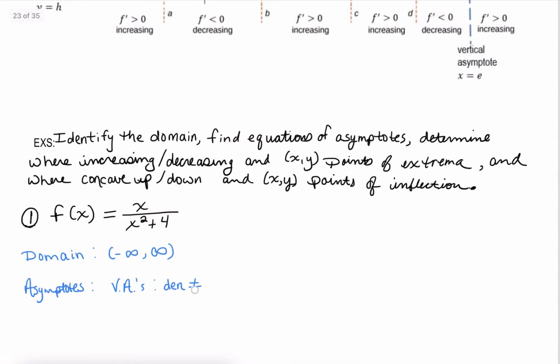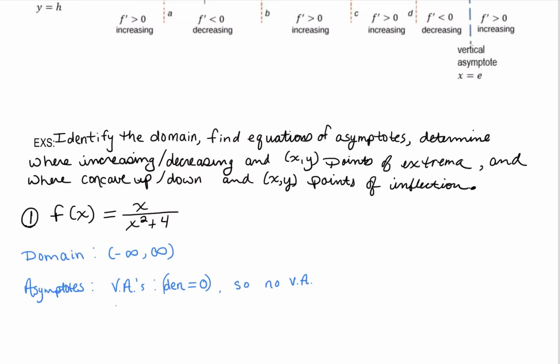But we just got done saying that if you tried to set your denominator equal to 0, you don't get a solution. So we have no vertical asymptotes in this one because those come from where your denominator would go to 0.